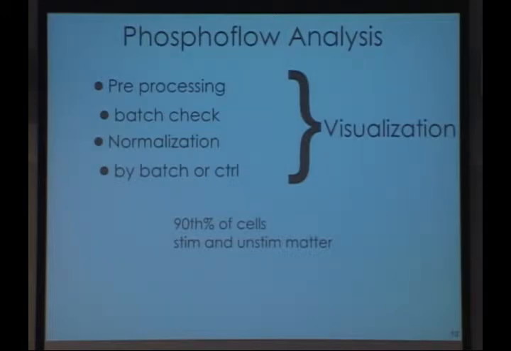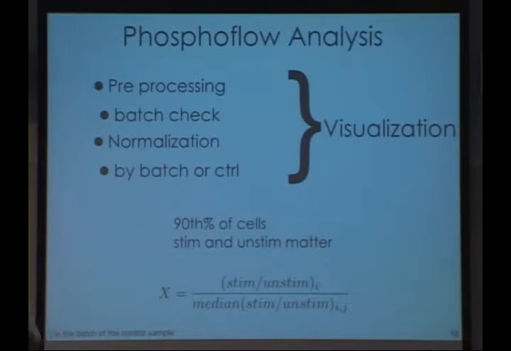It was just the choice we went with to minimize any sort of bimodality in cellular stimulation. And then we found that looking at the stimulated condition as well as the unstimulated, both of them matter. And I'll show you some evidence for that later and why you should care about the unstimulated levels as much as the stimulated levels.